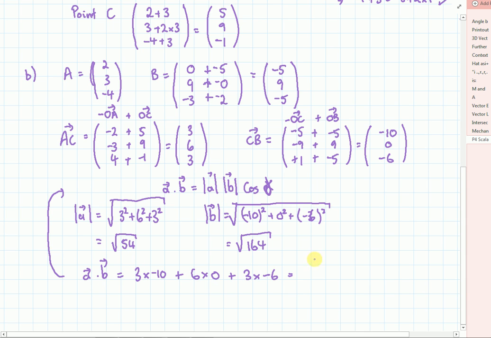If this came out as 0, you know they're perpendicular. So we've got minus 18 minus 48. So cos of my angle between them is minus 48 divided by the square root of 54, square root of 164.